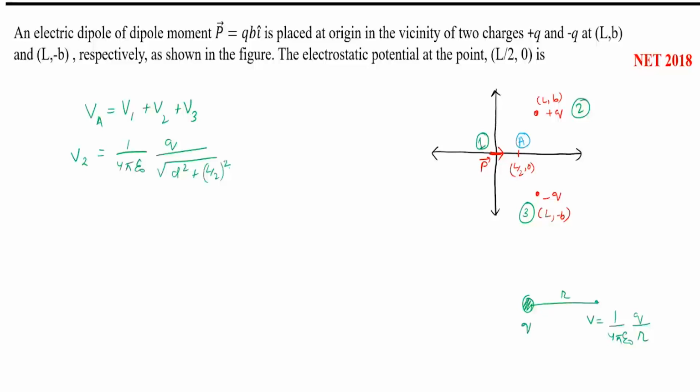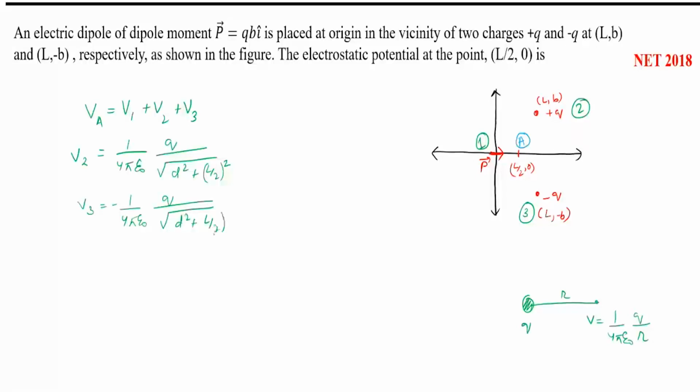Very good. What about V3? Minus 1 by 4 pi epsilon naught, Q by the square root of B square plus L by 2 whole square.